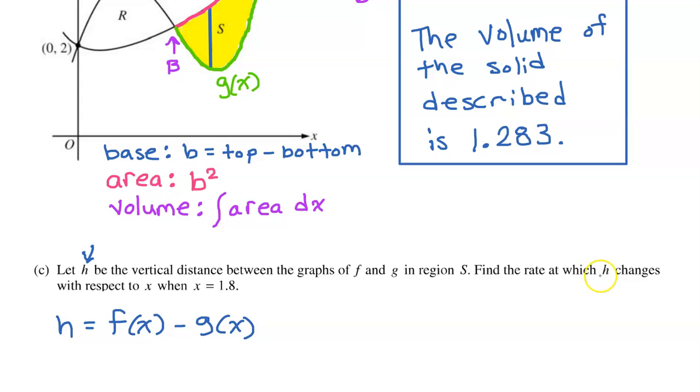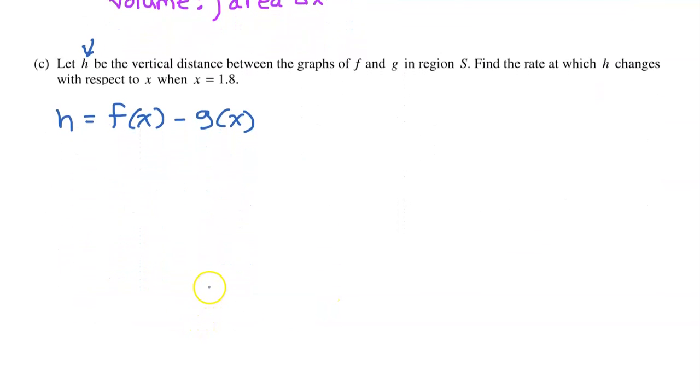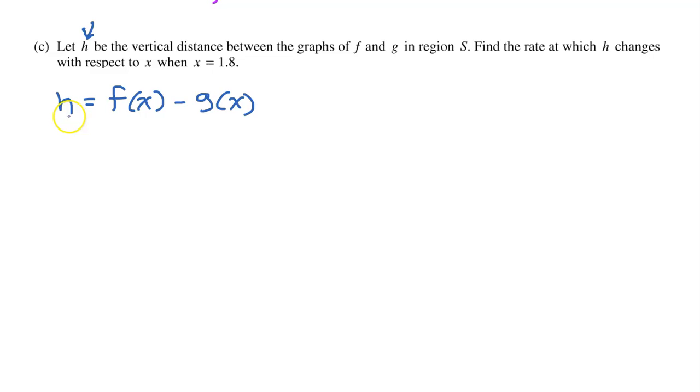Find the rate at which h changes with respect to x. The rate of change of h. So are you hearing the derivative in that? So if we want the rate of change with respect to x, that will just be dh dx.